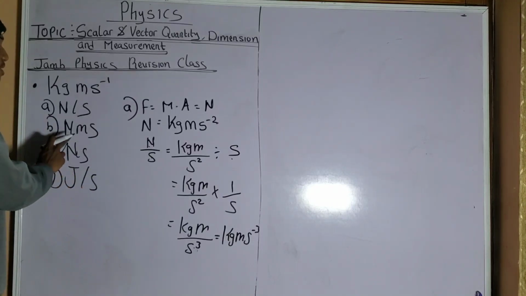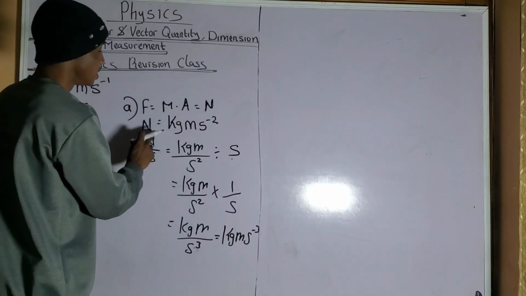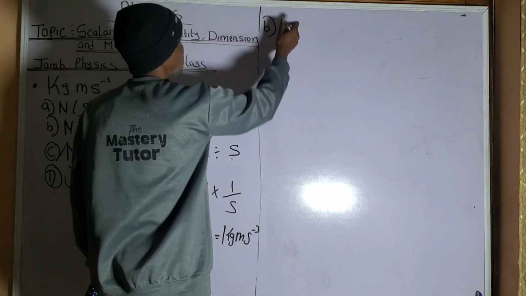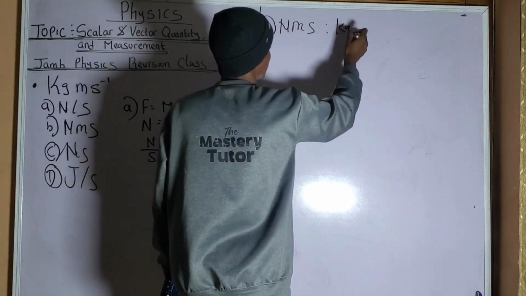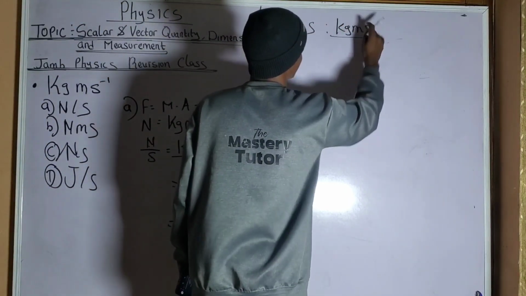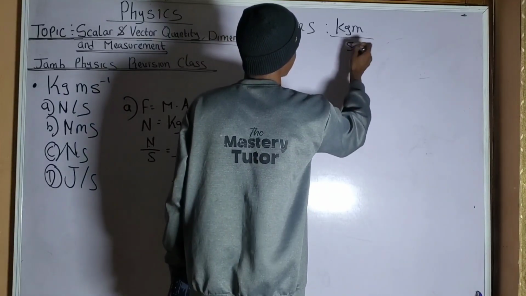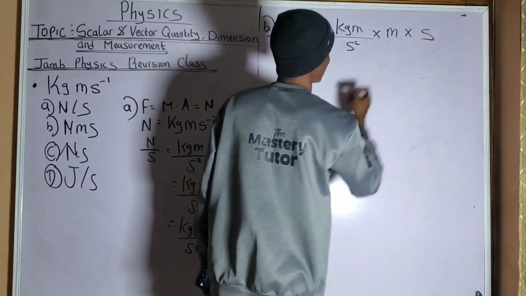We have Newton meter seconds. The unit for Newton is kilogram meter per second squared. So Newton meter seconds is kilogram meter per second squared, multiplied by meter, multiplied by seconds.